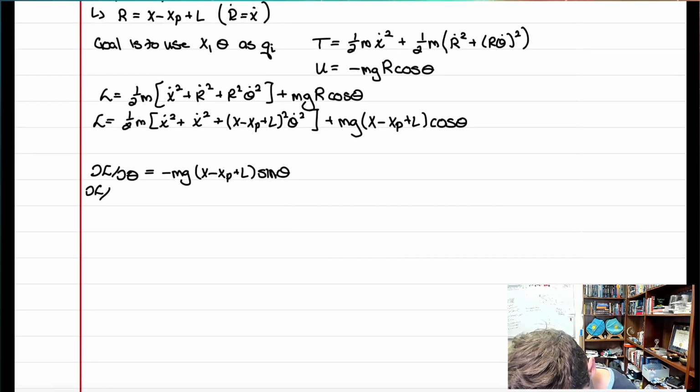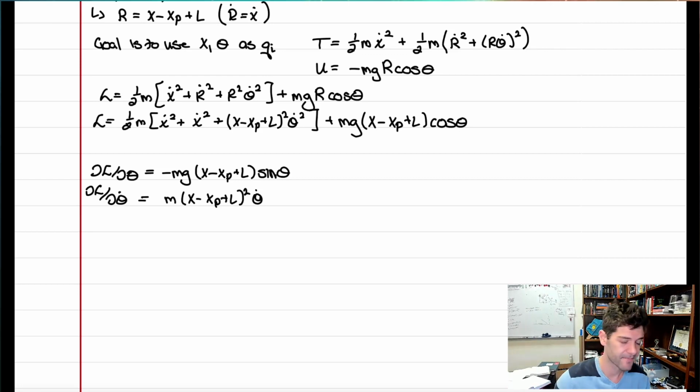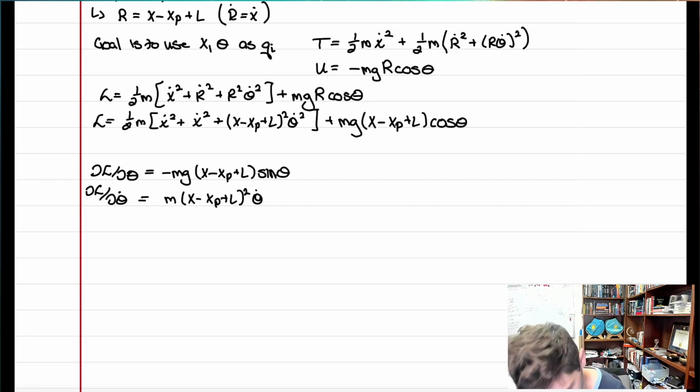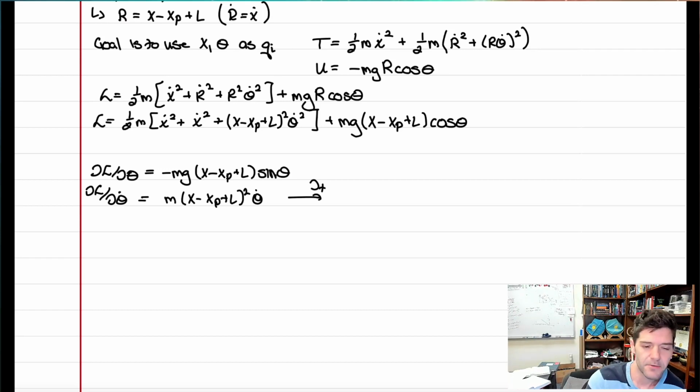Then dL by d theta dot. There's only one theta dot that appears, so there's going to be an m times x minus x p plus L all squared times theta dot. But now I have to be careful, because when I take the time derivative of this, notice that x is still hanging around. So I can't just write that as m times x minus x p plus L squared times theta double dot, because x is also a function of time.